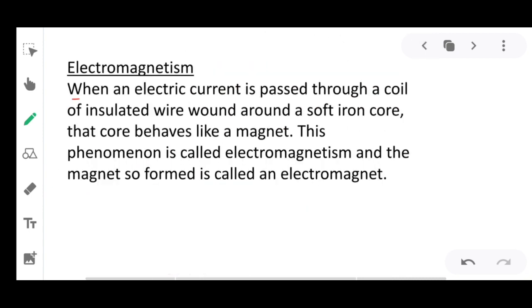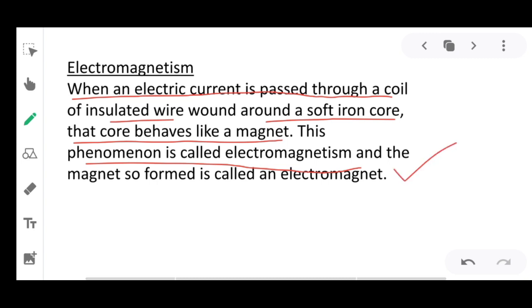So when an electric current is passed through a coil of insulated wire wound around a soft iron core, that core behaves like a magnet. This phenomenon is called electromagnetism, and the magnet so formed is called an electromagnet.